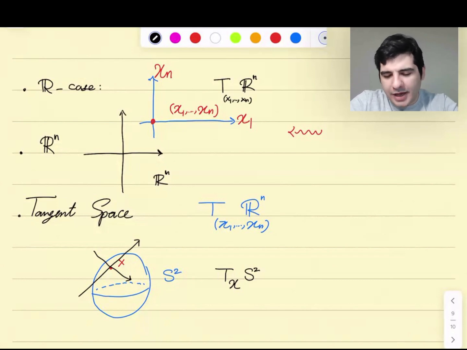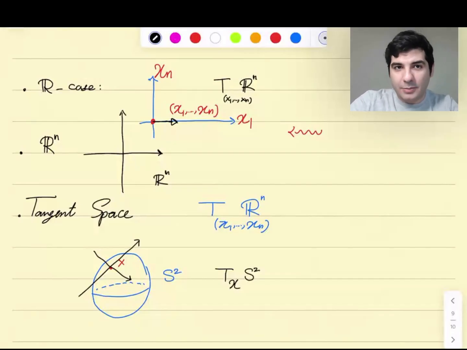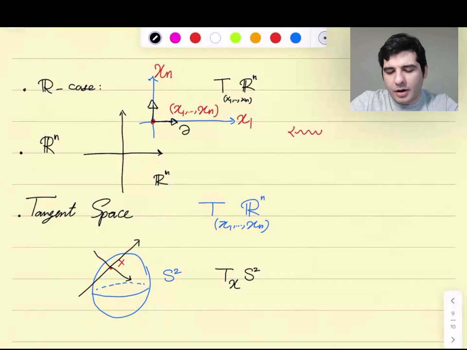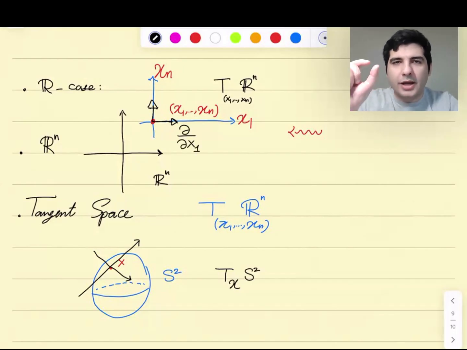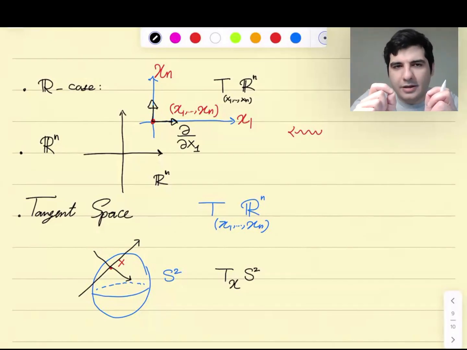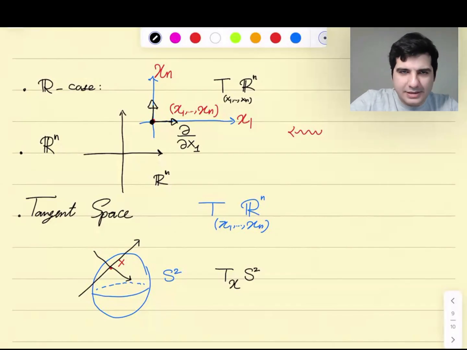So we have these unit vectors in the direction of x1, a unit vector in the direction of x2, up to a unit vector in the direction of xn. The notation for these vectors is partial x1. By this I just mean a unit vector based at this point x1 up to xn, but in the direction of x1. We do the same thing for the second coordinate, third coordinate, up to n coordinates.